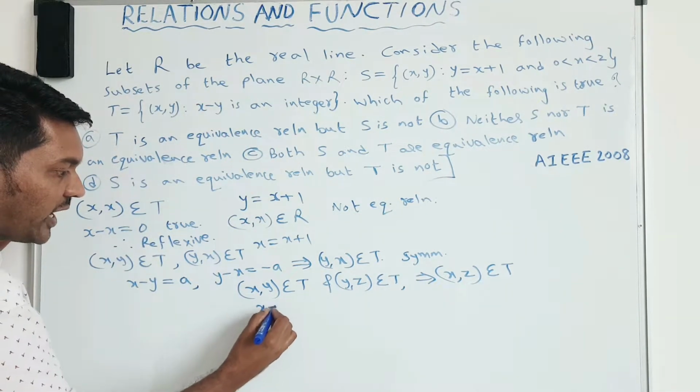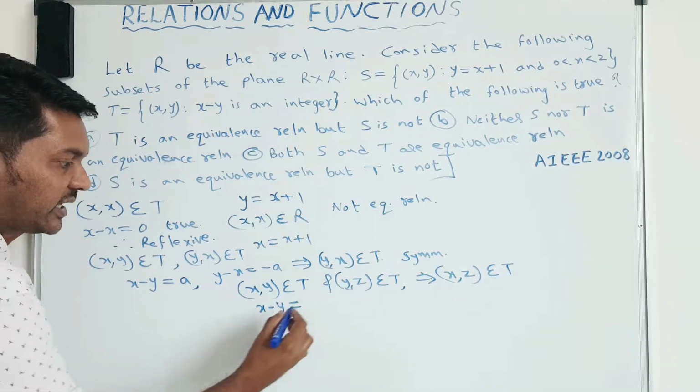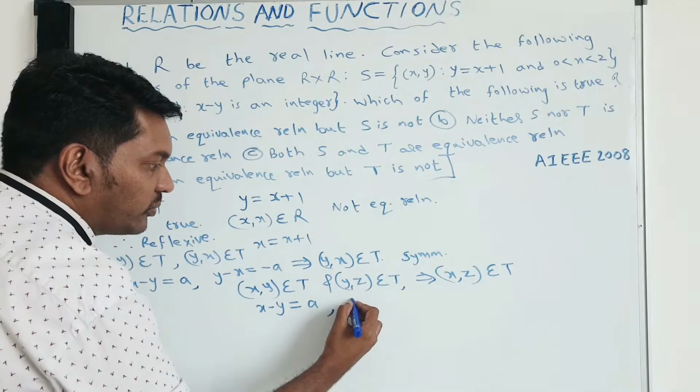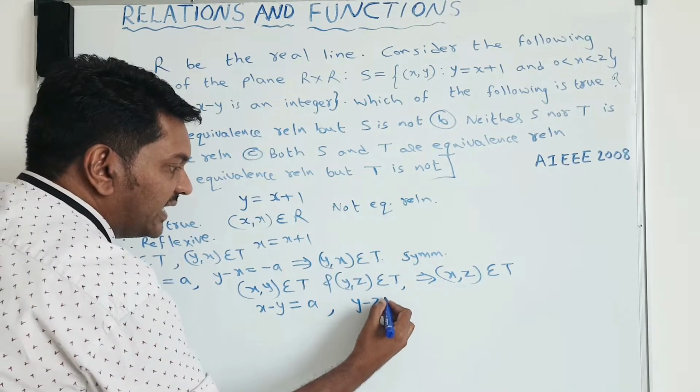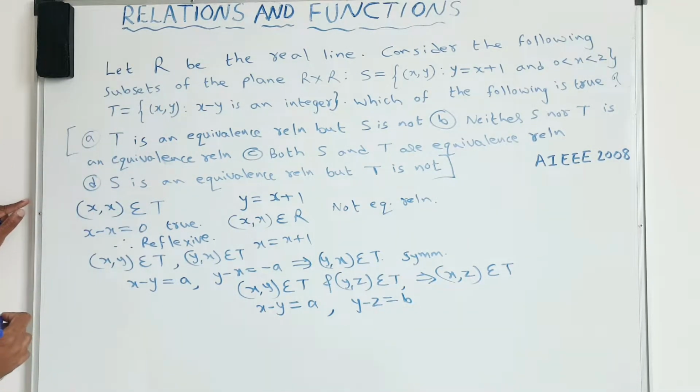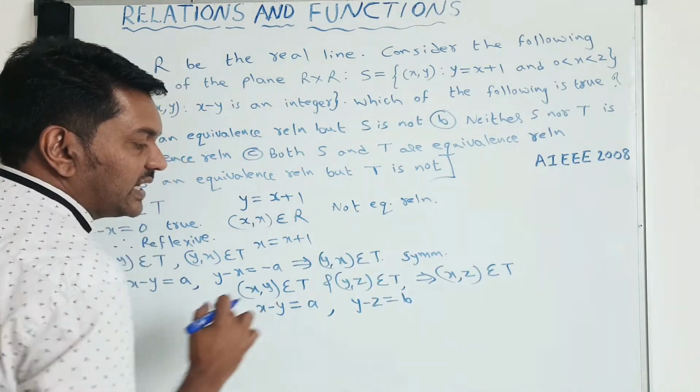That is the relation. So x minus y is an integer. I am assuming it as A. Now y comma z belongs to T means y minus z is an integer. I am assuming it as some other integer B. Now I need to prove x minus z is an integer.